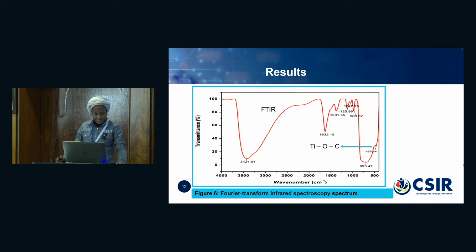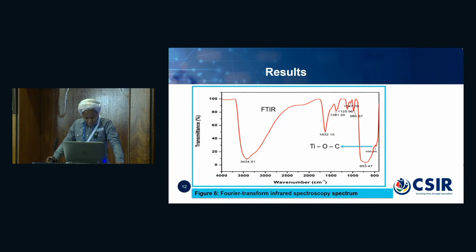And then as you can see from this spectrum, the broad peak there at 3424.91 is attributed to the carbonyl group. And the peaks at 1632.15, 1318, 1381.55, 1125.96, 1047.99 correspond to the CH and the CO that were introduced during the synthesis of our mesoporous carbon.